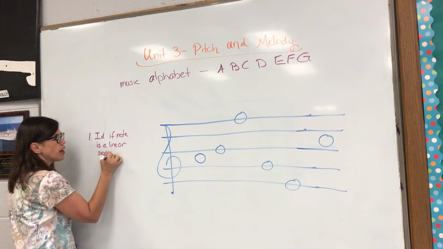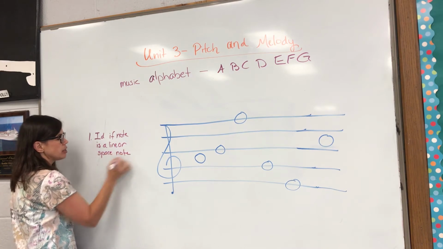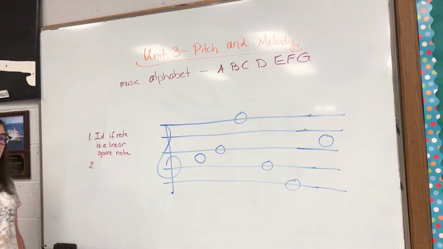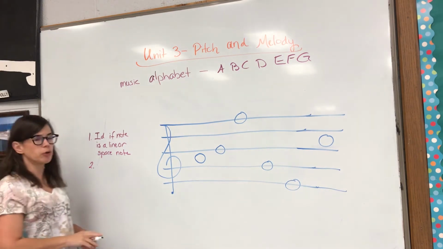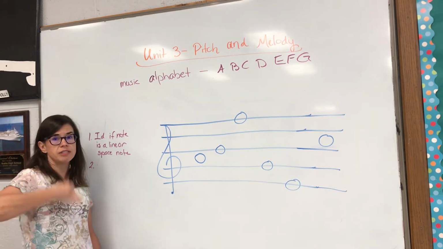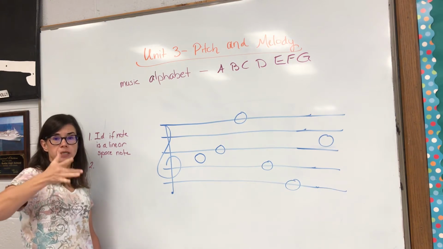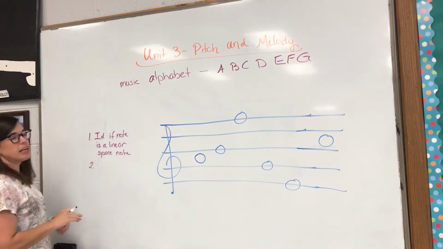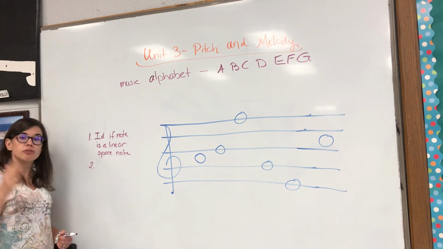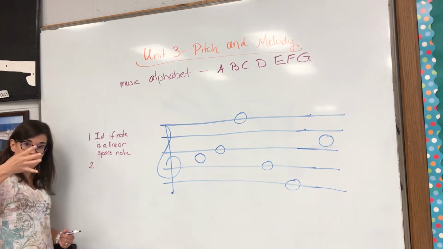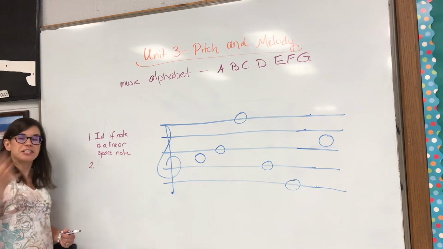Once you know whether it's a line or a space note, then you can move on to step 2. If it's a line note, remember you're going to use the words Elvis's guitar broke down Friday. Okay, E, G, B, D, F. If it's a space note, you're going to use F-A-C-E, in the face, in the space.